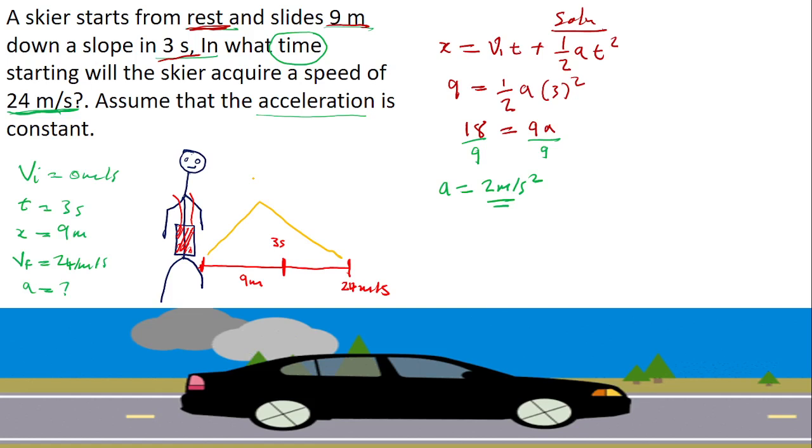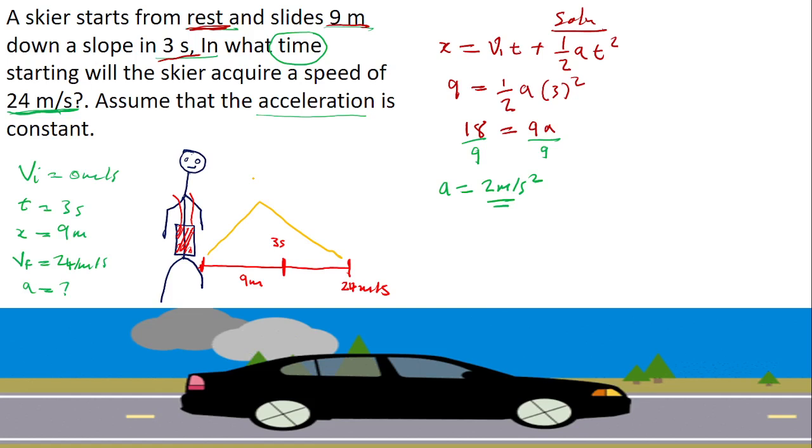Okay, we can easily utilize the formulas that we have to find the time. So you can say acceleration is equal to v final minus v initial over time. From this, time is simply equal to v final minus v initial over acceleration.